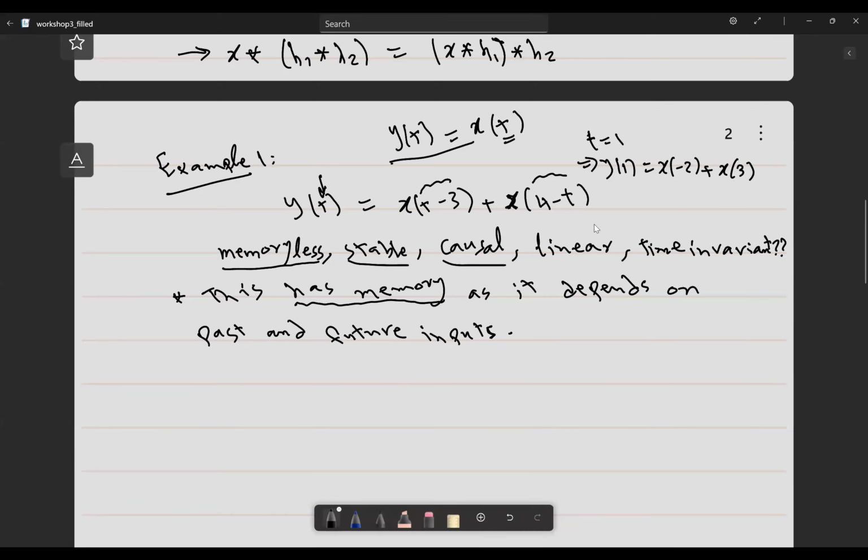So this one is in the future, and this one is in the past. This part is because of the time reversal and time shift, and this one is just time shift. So it needs memory to store those past and future values. So it's not memoryless. It has a memory.